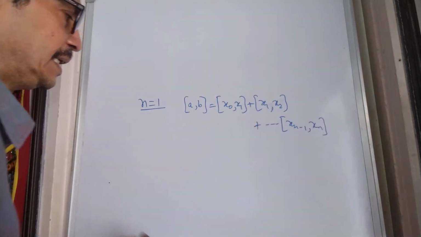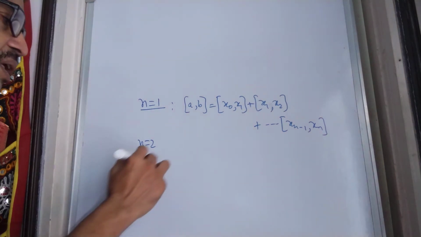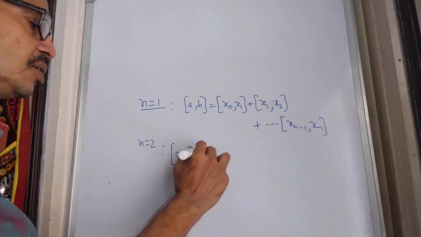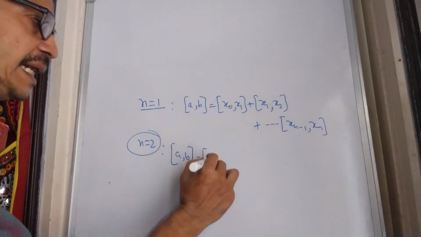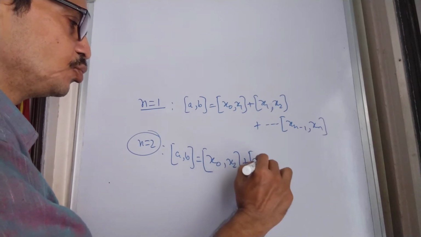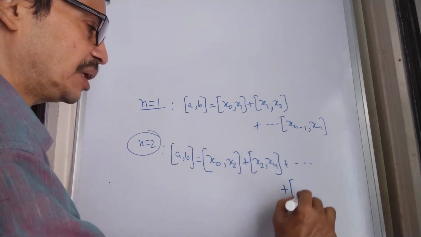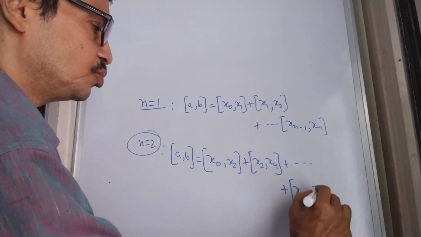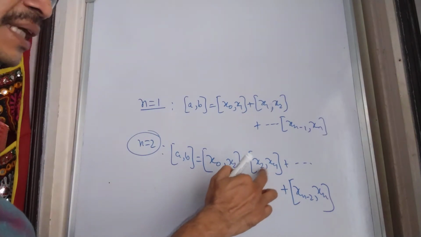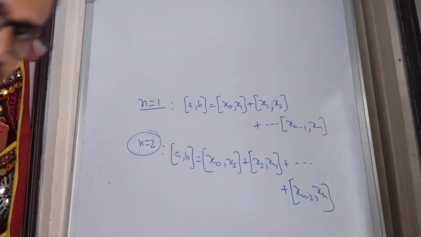In the case of Simpson's 1/3 rule, instead we have used n equal to 2, and we have x0 to x2, then x2 to x4, and so on, with the last one being xn minus 2 to xn. We have three nodes: x0, x1, x2, then x2, x3, x4, then xn minus 2, xn minus 1, xn.